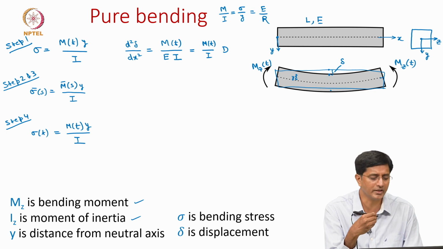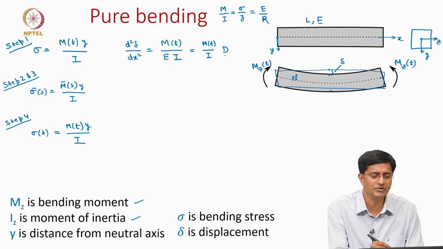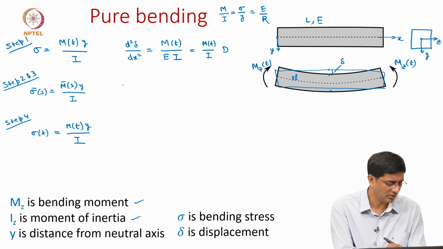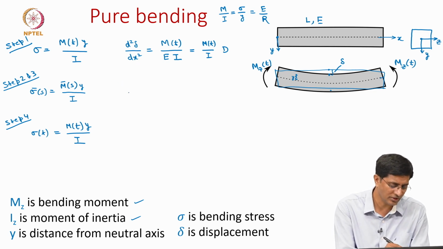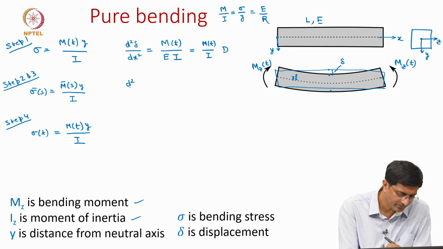But now let us look at deflection, because in deflection we see that there is one elastic constant, which is D, D is the compliance. So, now let us apply these steps 2 and 3 for the deflection equation. So, we will simply write this double derivative and replace delta, which is a function of time, now in the Laplace domain, delta of s.